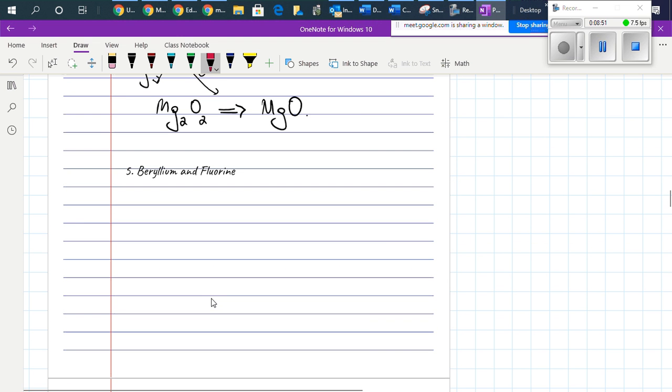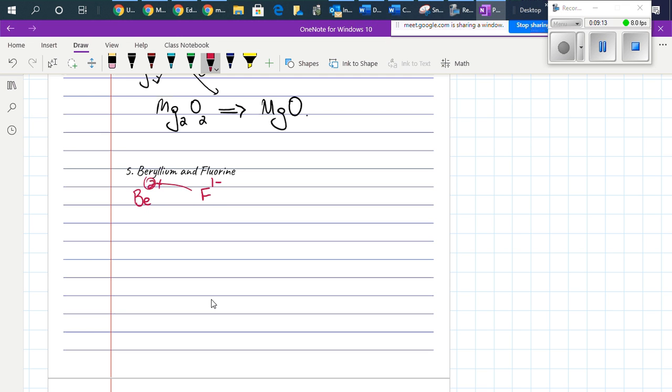Okay, next one, beryllium. Beryllium is 2+, fluorine is in the 17th group, meaning that it has 7 electrons in the outer shell. In order to complete that with 8, we'll need 1 more electron.